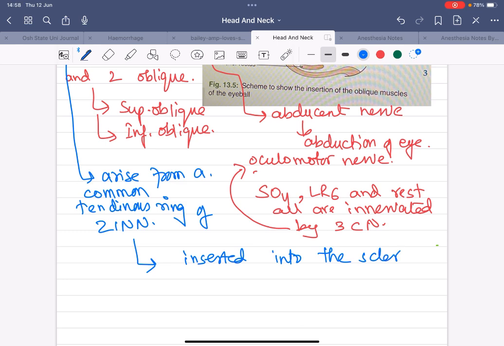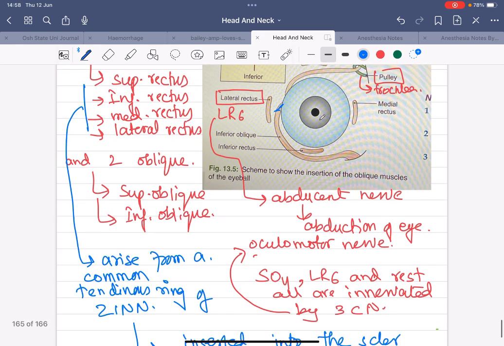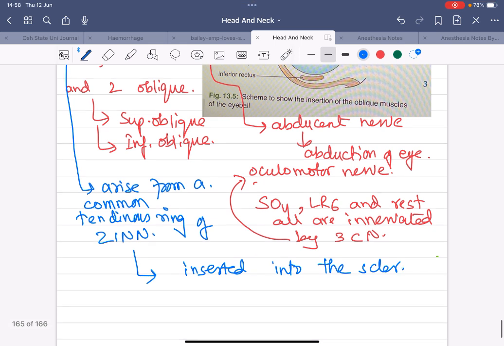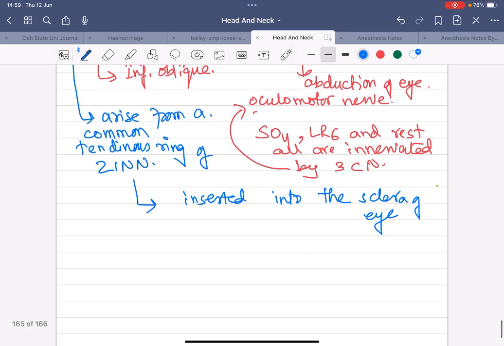See, here it is inserting. That common tendinous ring is known as the common tendinous ring of Zinn. So the origin of the four recti muscles is the common tendinous ring of Zinn, and they are inserted into the sclera of the eye.